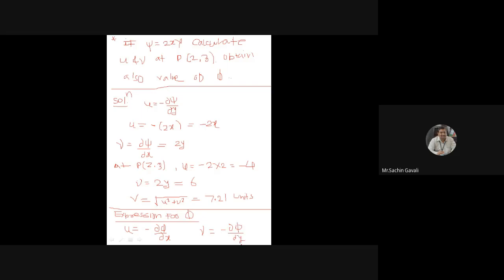Okay, now we know the value of u, u is equal to minus 2x. Therefore minus 2x is equal to minus dou phi by dou x.